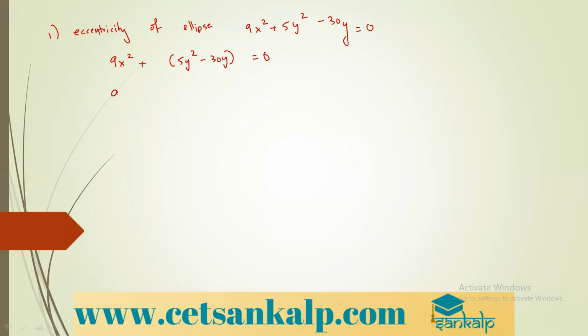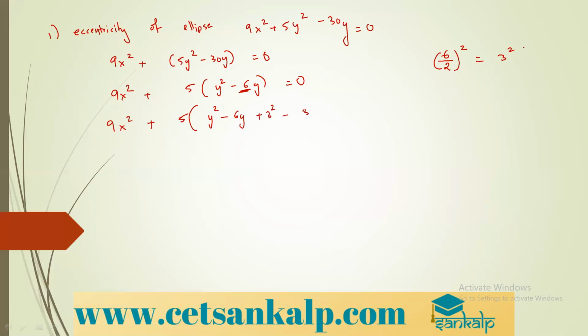Next, I will write 9x square plus 5, I will take common, y square minus 6y equal to 0. Because this is the number 6, if you take half of 6 and square it, that means it is 3 square. So I have to add 3 square and subtract 3 square.